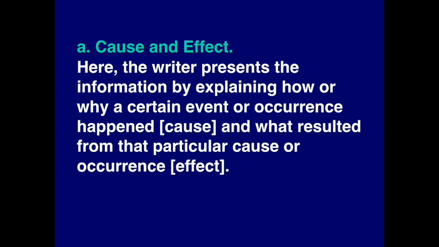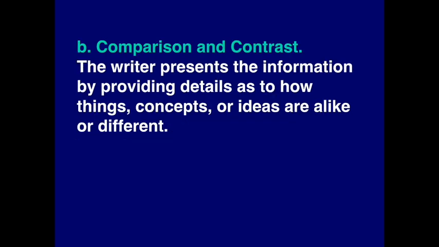Here, the writer presents the information by explaining how or why a certain event or occurrence happened and what resulted from that particular cause or occurrence. Comparison and contrast. The writer presents the information by providing details as to how things, concepts, or ideas are alike or different.